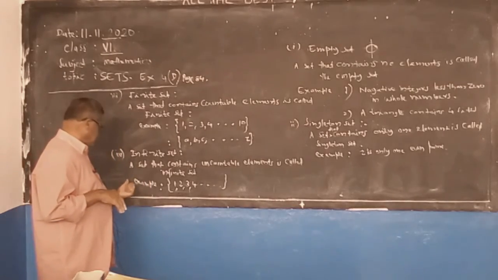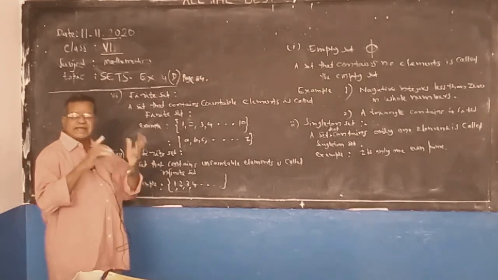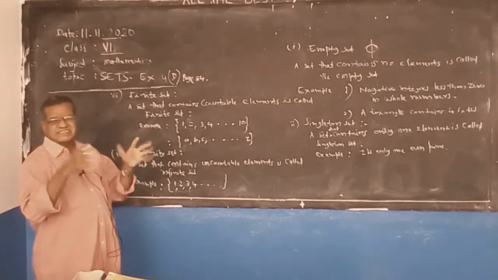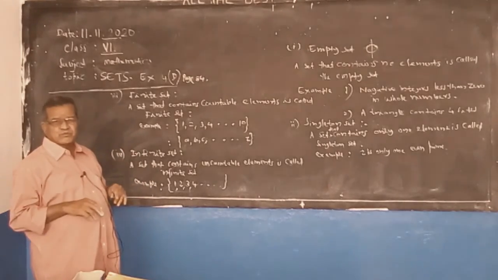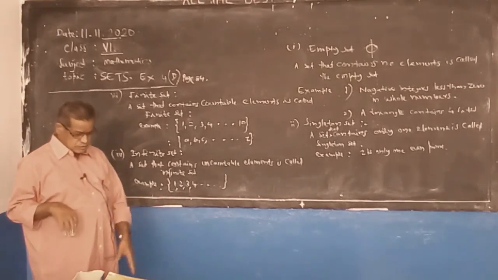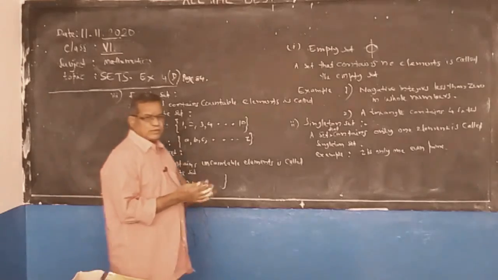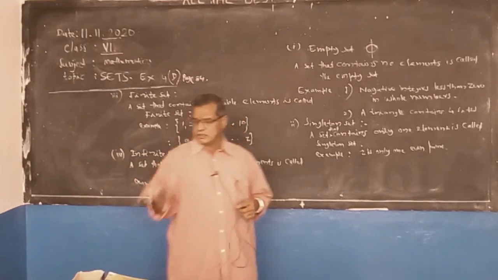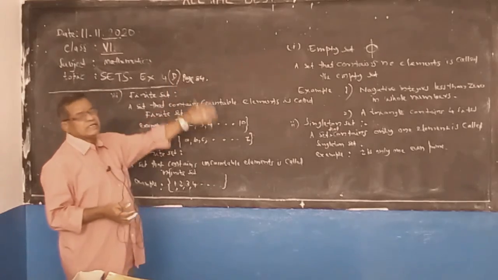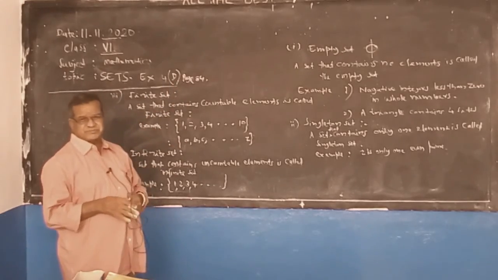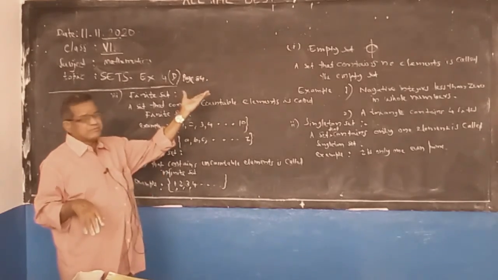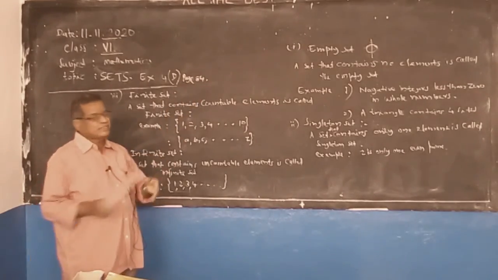But in an infinite set, it has a beginning but no ending. We can't say its number. So such sets are called infinite sets. It is in the name only, we can easily understand and give examples. Empty, it is in the name only, no elements.